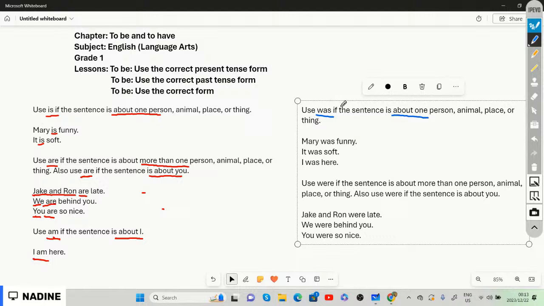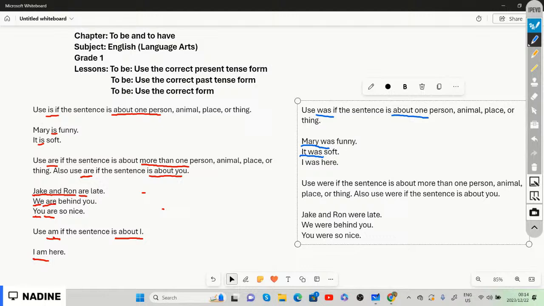And an example of when we can use was, for example, Mary was funny. So Mary refers to one person. It was soft.